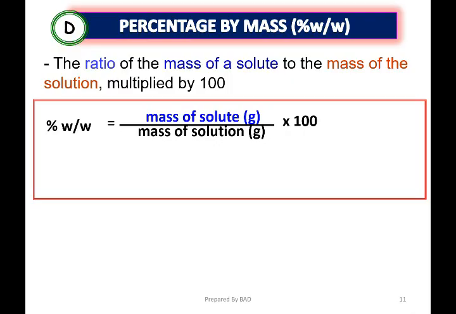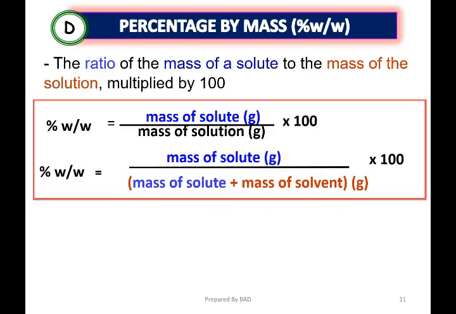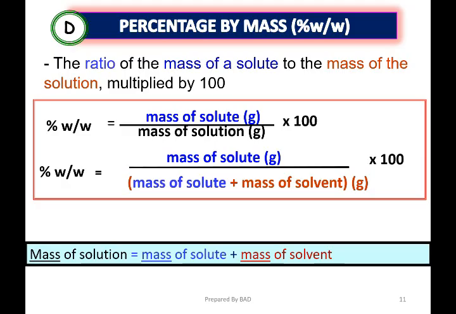Percentage by mass equals mass of solute in gram divided by mass of solution in gram multiplied by 100. Or we can use mass of solute in gram divided by mass of solute plus mass of solvent in gram multiplied by 100. Here, mass of solution is equal to mass of solute plus mass of solvent.